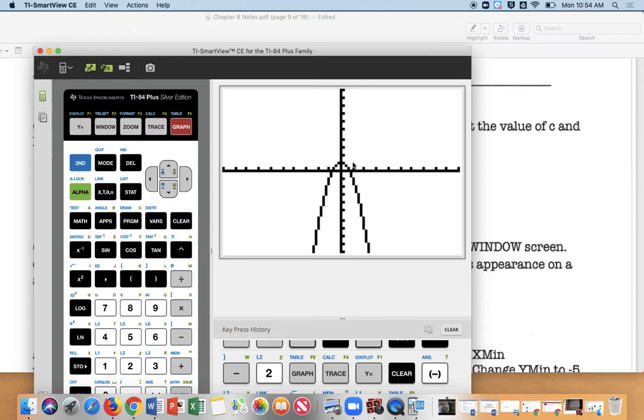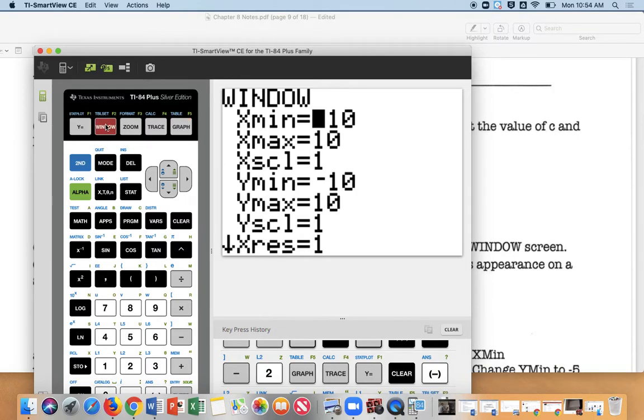Here we go. It says, describe how the graph looks. Well, I think the graph is in the window just fine. There's no need for me to mess around with that. But if it was out of the window or shifted somehow, I can change my window by clicking window.